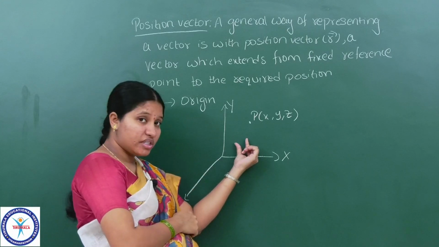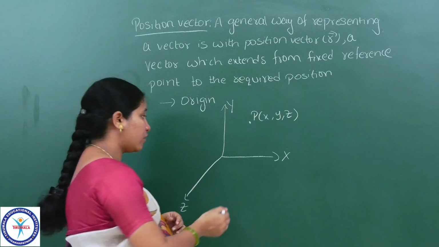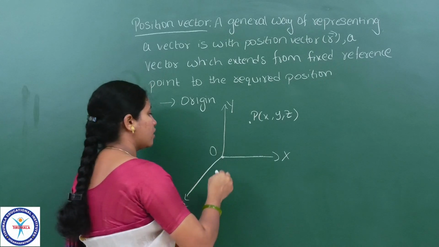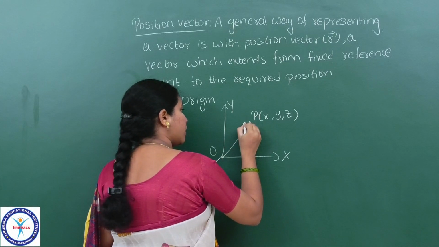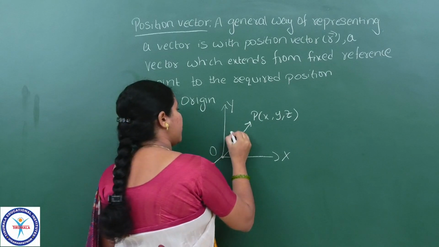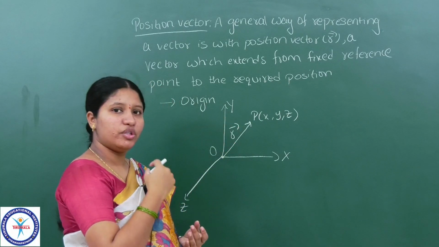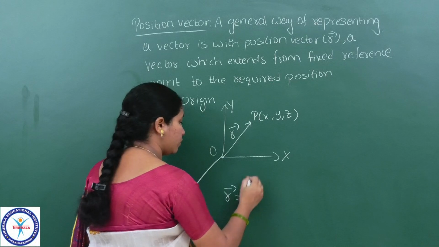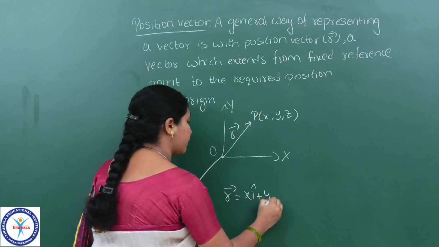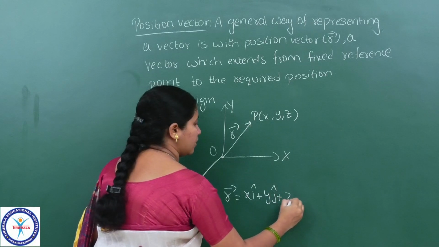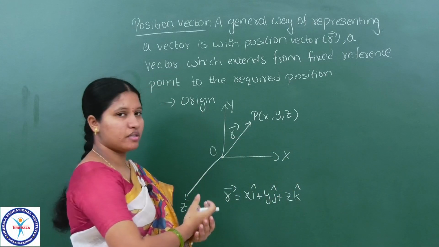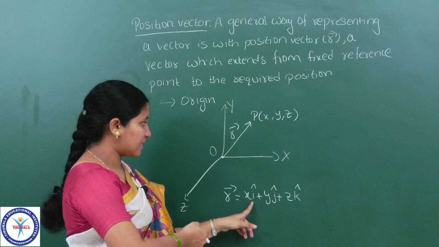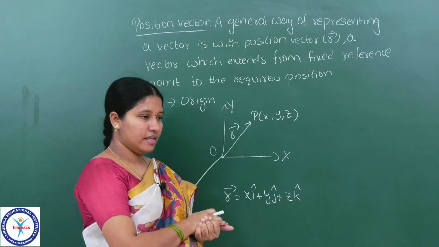The position vector r bar is a vector which extends from a reference point, usually taken as origin, to point P. So, in unit vector notation, we can write r bar is equal to x i cap plus y j cap plus z k cap.